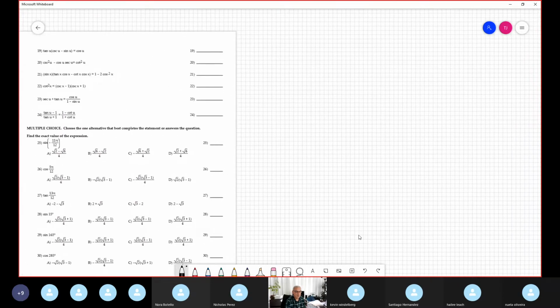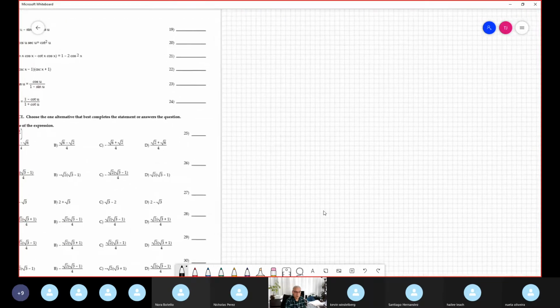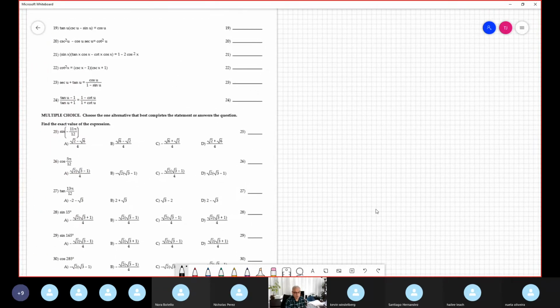They say find the exact value of the expression. Remember, we know by memory, or the student can memorize, the fundamental angles 0, 30, 45, 60, 90, 120, and so on, in the second quadrant, the third quadrant. However, there are other angles that are not fundamental.